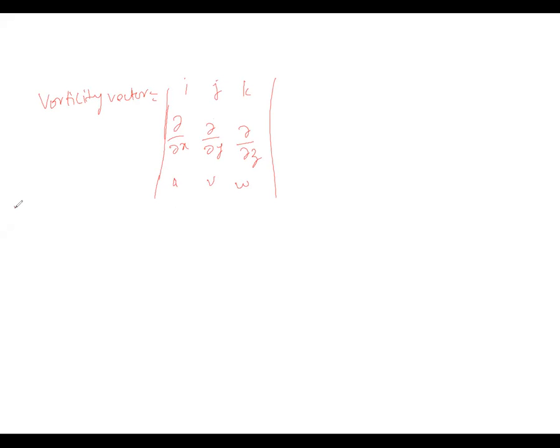From the given velocity vector, minus 2xy i vector minus x square z j vector, this is u, this is v. So here u is minus 2xy.